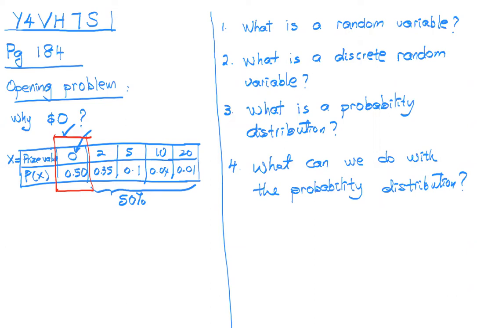Now my first question, what is a random variable? Can anyone answer me? Anyone want to try? If, for example, I toss a coin, the possible outcome is head or tail.